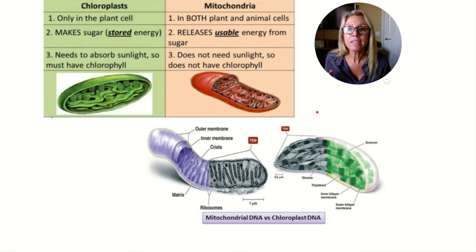Next, let's compare chloroplast with mitochondria. This is just a simple diagram to do that. On your notes, I have the similarities. They both use a membrane. For the chloroplast, remember it's the thylakoid membranes, the inner membranes here. For mitochondria, they're using the cristae right here.